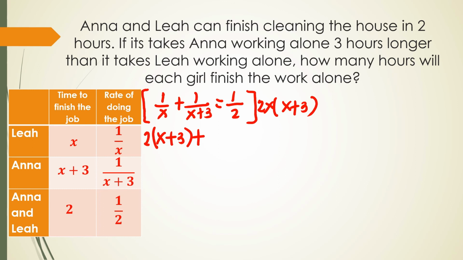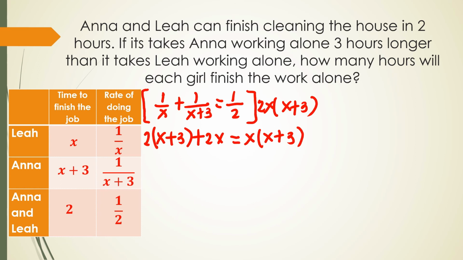Times 1, we have 2x is equal to 2x times the quantity x plus 3 divided by 2, ang matitira ay x times the quantity x plus 3. Times 1, we have x times the quantity x plus 3. So, let's simplify.